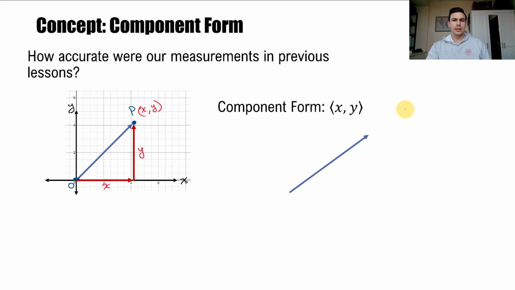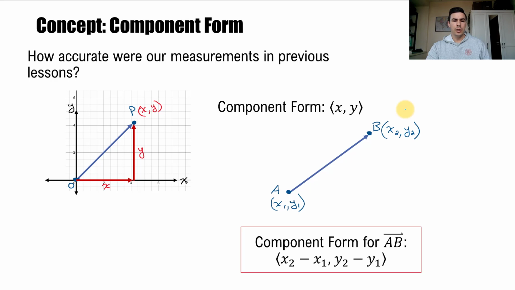But if you have some general vector that does not have its initial point on the origin, then the difference between x1 and x2, that's going to be the first component for your component form. And then the distance from y1 to y2, so the difference between y2 and y1, that's going to be the second component.